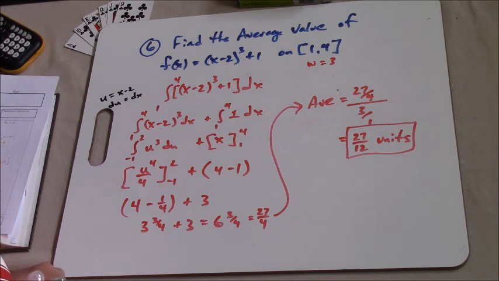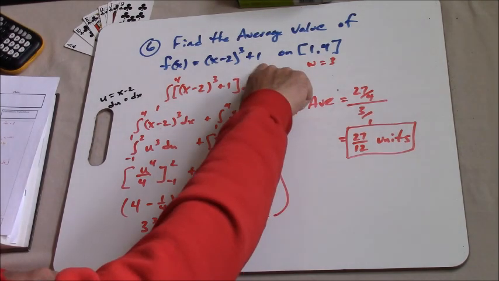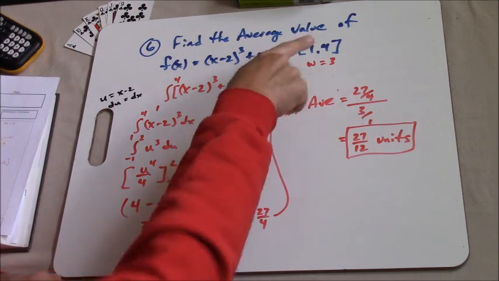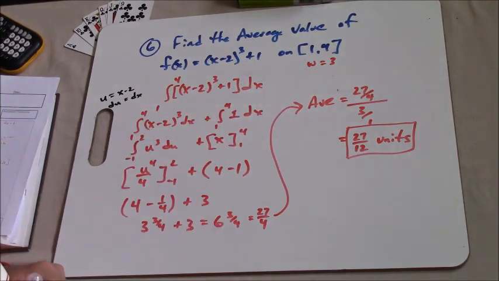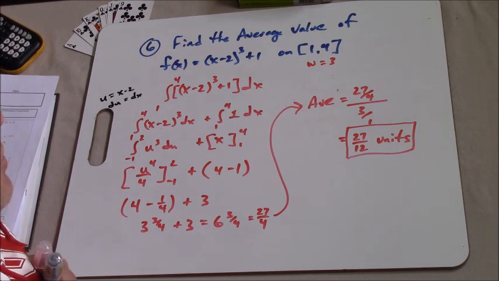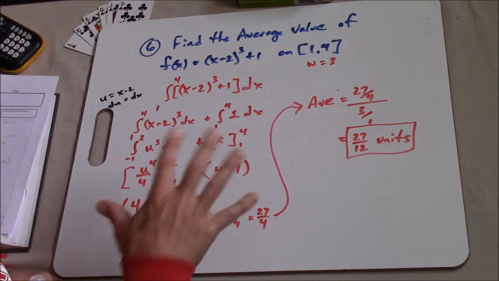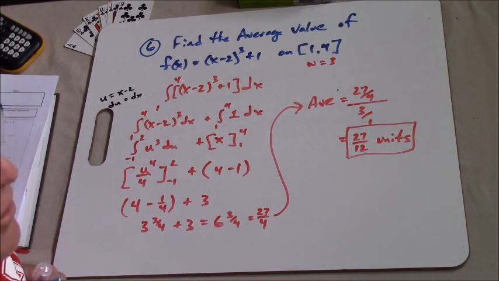Find the average value. So would we see something like this on the Central Washington test? I think we'll see a question about the average value, but would you see it like this? Probably not. It might have trig functions. It could have natural logs. It could have e's in it. I mean, you don't know. It could have anything. But it's a concept we want to make sure that we understand.